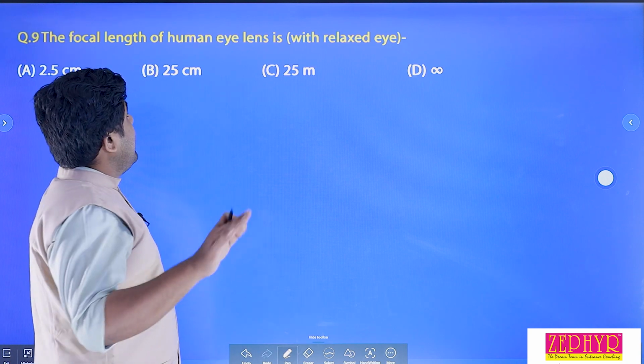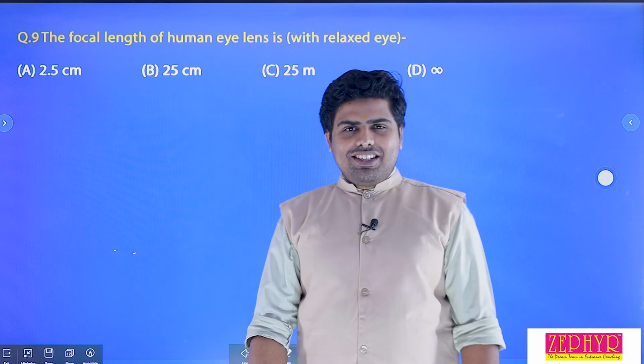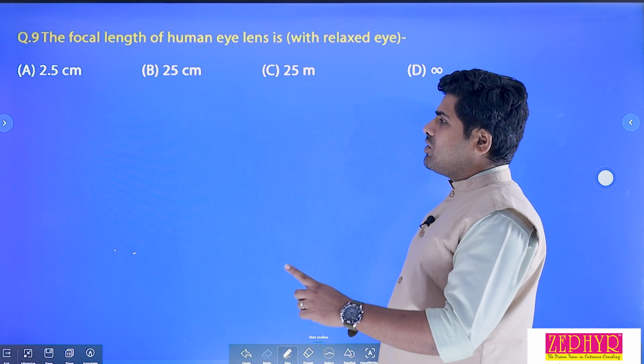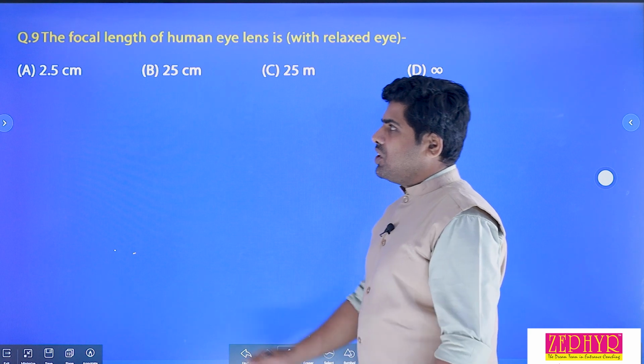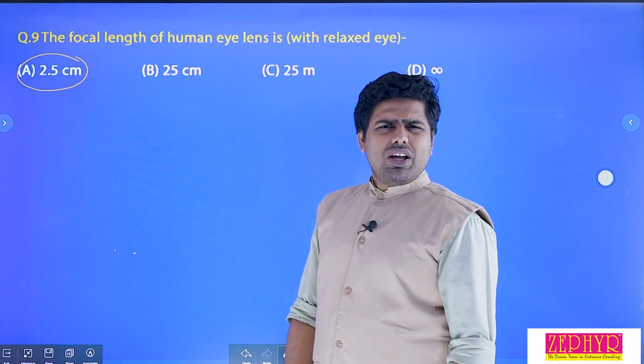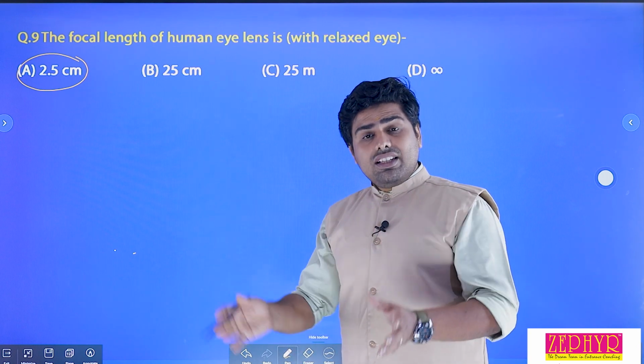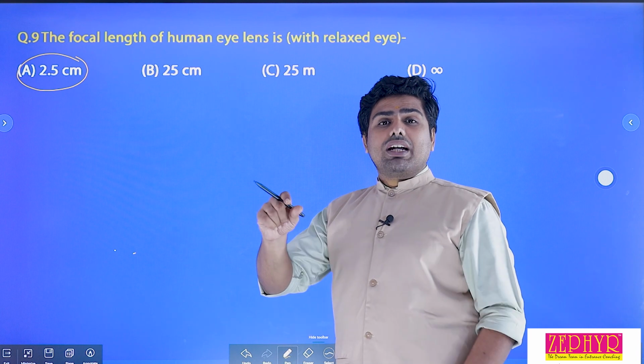The focal length of the human eye lens is equal to 2.5 centimeter. Why is it 2.5 centimeter? It is the size of our human eye.